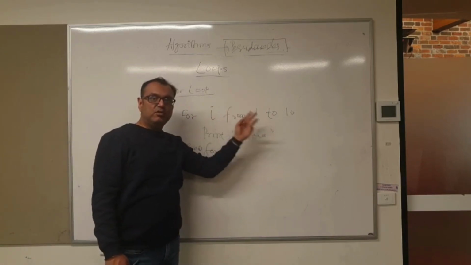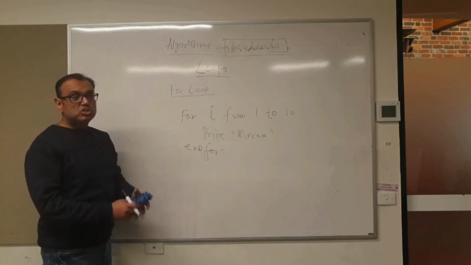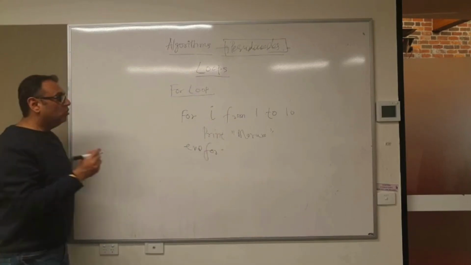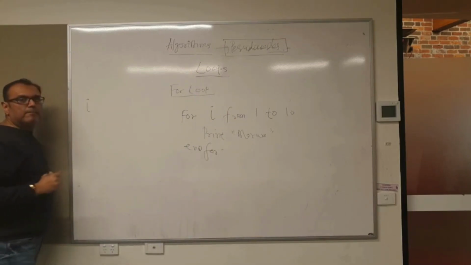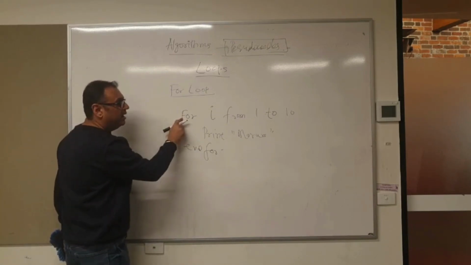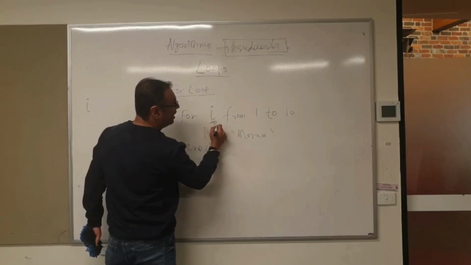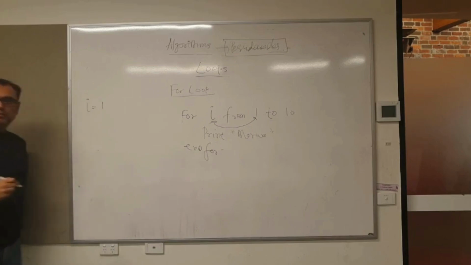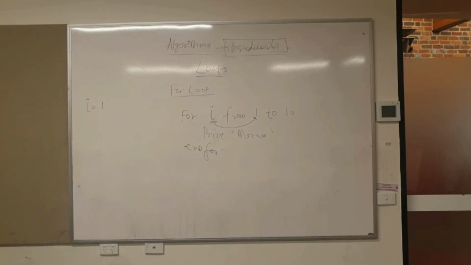And it stores that counter value in a variable called I. So the moment it comes here, it assigns I the first value behind the scene in the memory. It says I equals 1.